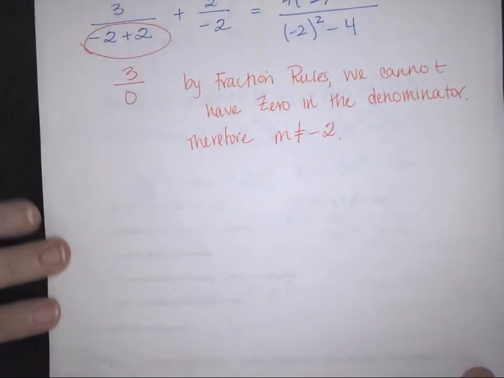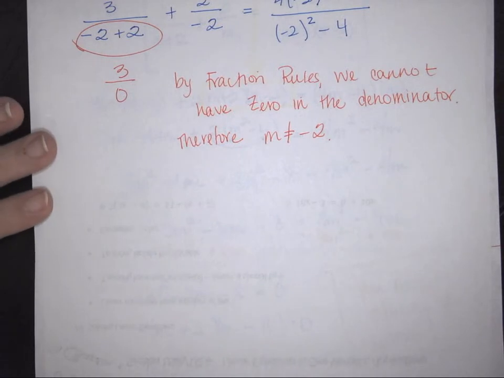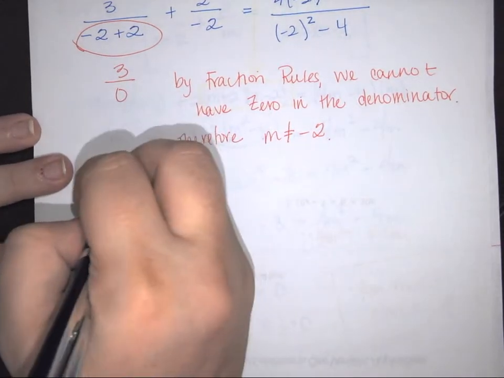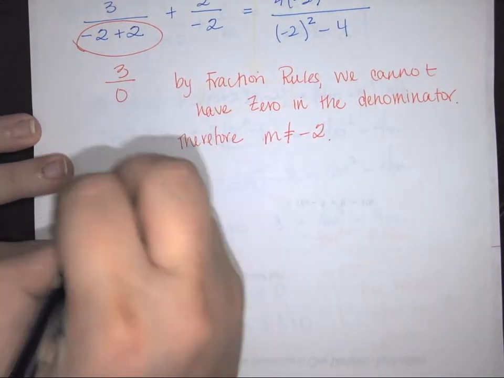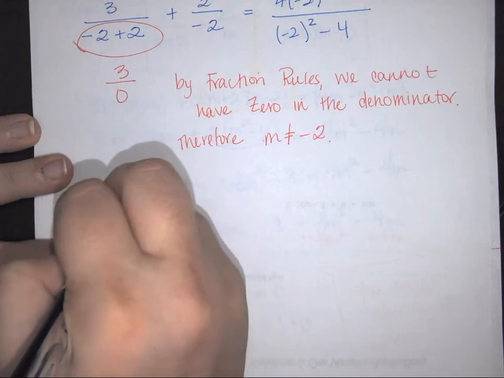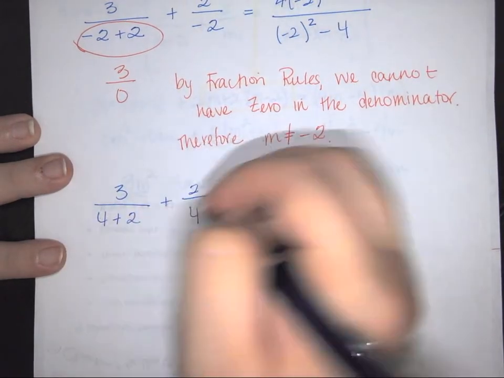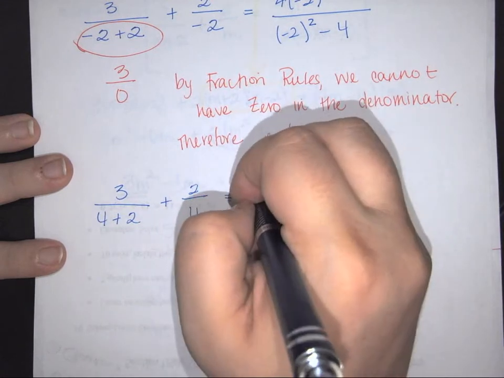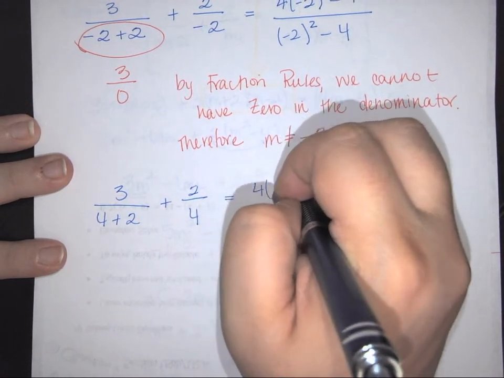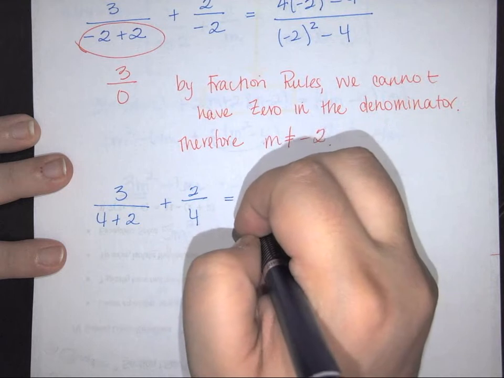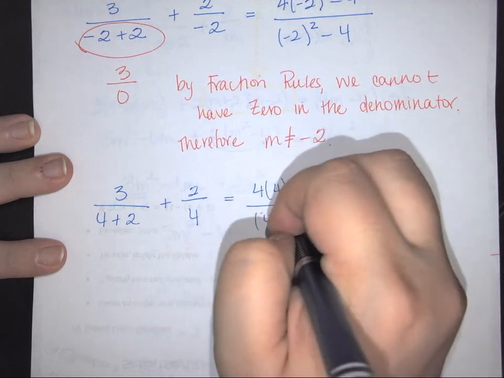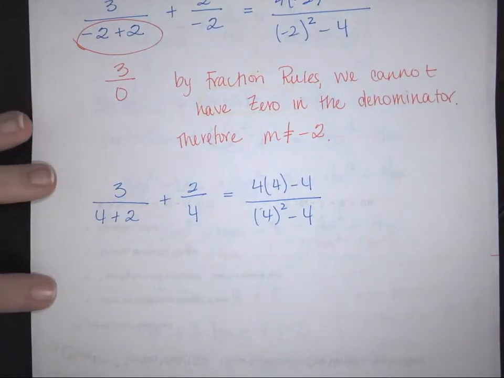Now, the other thing that we have to check is if m equals 4. So again, we're going to have 3 over 4 plus 2, plus 2 over 4, is equal to 4 times 4 minus 4, all over 4 squared minus 4.